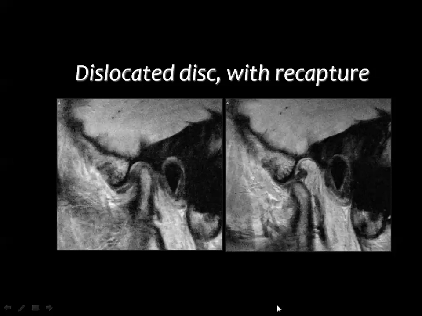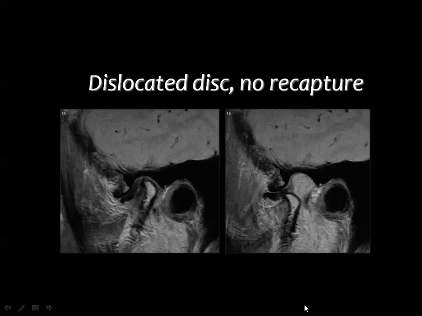And this is also another example. The disc is displaced anteriorly. This is the articular disc, and this is the head of the mandible. Then the disc, most of the disc is anterior to the mandibular head. And after opening the mouth, the disc has recaptured its normal position with the narrow zone or the intermediate zone between the articular eminence and the mandibular head.